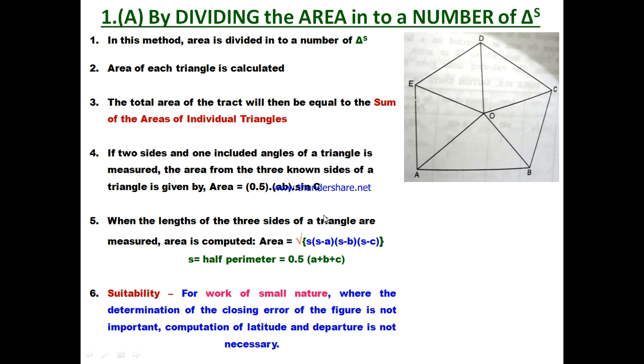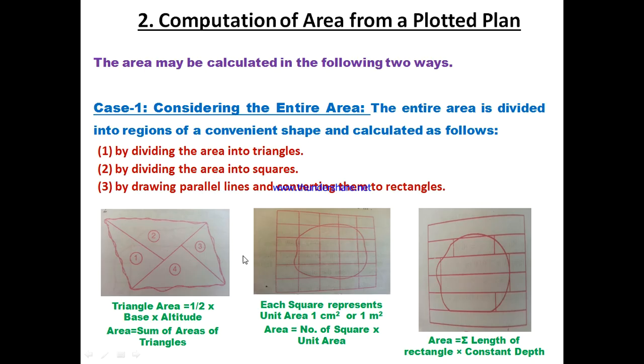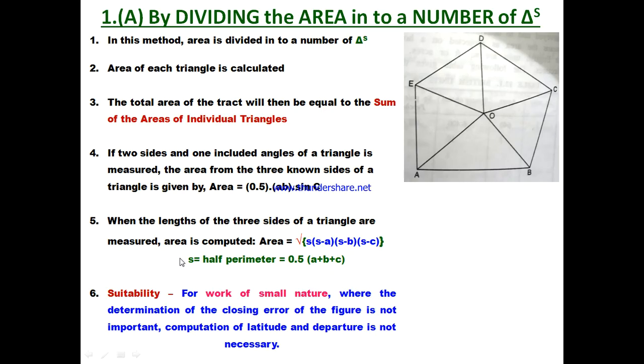Now let's go in detail with the first method, that is, triangulation, where we divide an area in the form of triangles. Suppose it is an irregular traverse we are having. What we need to do is put a transit at the center, and from here we are going to project different traverse lines like OA, OB, OC, OD and OE.